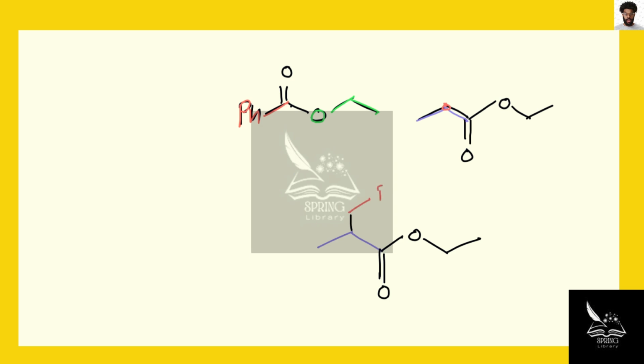Right, so we'll still have a phenyl group attached, and we'll still have a double bond to oxygen, but we will have lost that ethyl ester group. Right, so this is the Claisen condensation, and our product is the so-called beta keto ester.